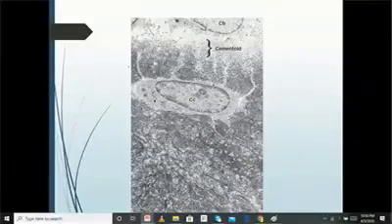These tube-like extensions of the lacunae are called the canaliculi. And the cytoplasmic processes of the cementocyte reside within these canaliculi, and they are called the cytoplasmic processes of the cementocyte.